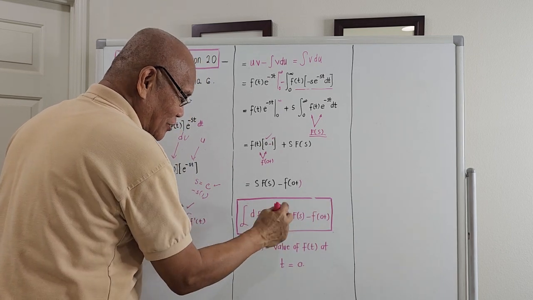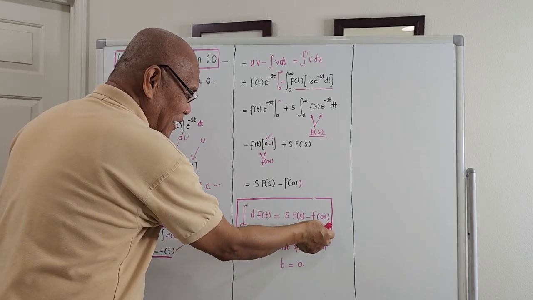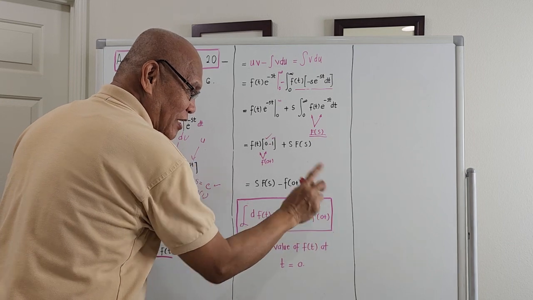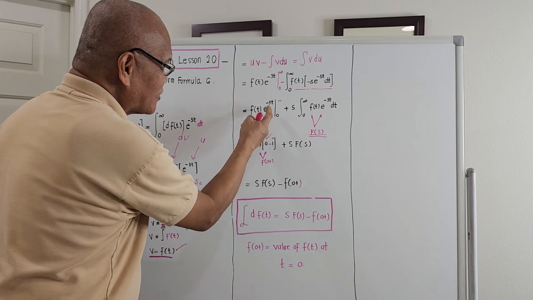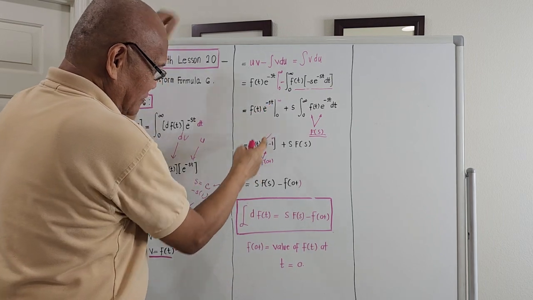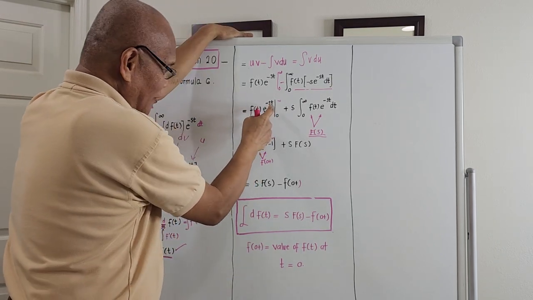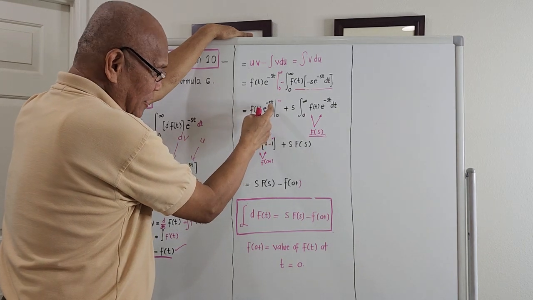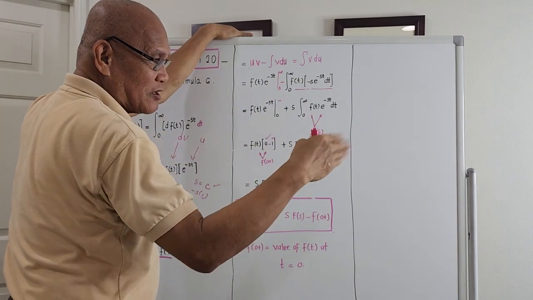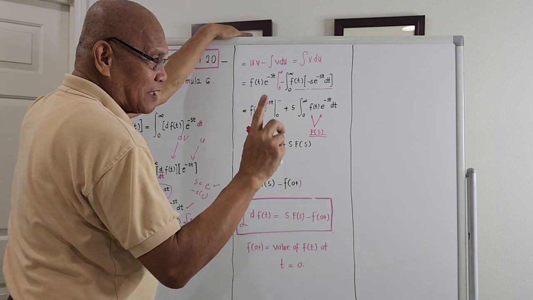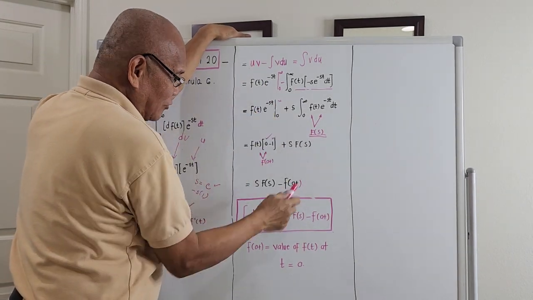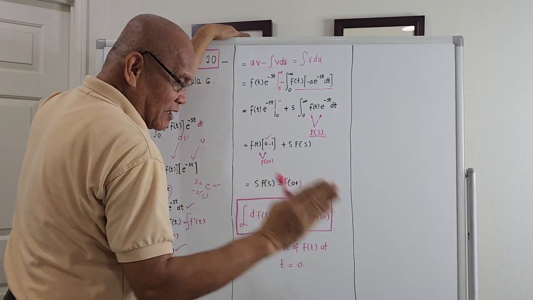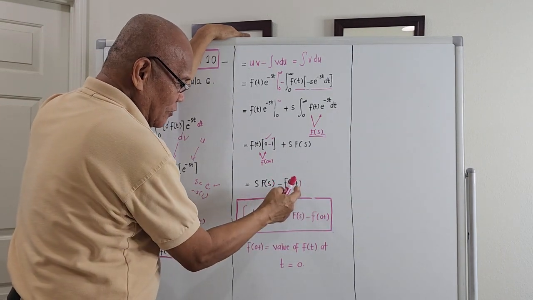But at time t equal to 0, the value is not 0. There should be a value. At time t equal to infinity, because the exponent is negative, the value of e to the negative infinity is approximately 0. But at time t equal to 0, e raised to 0 is actually 1, and we designate that as simply f sub 0 plus.